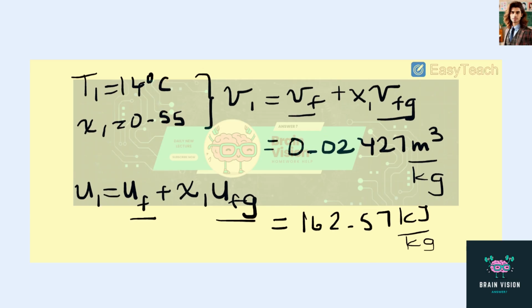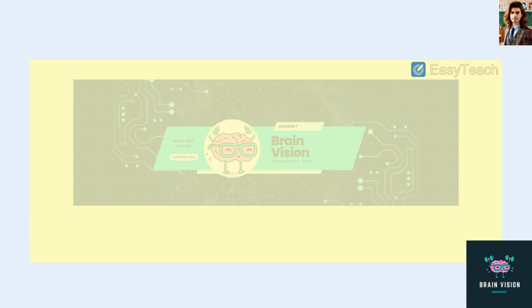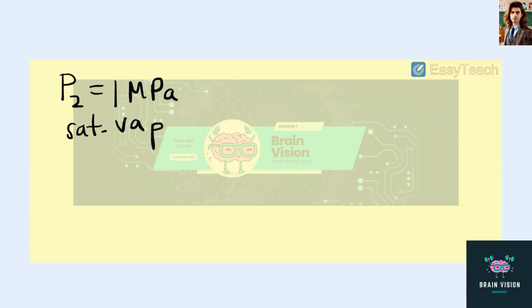Now we can go ahead and solve for our properties at state 2. We know that the pressure at state 2 is 1 megapascal. That's given in the problem. And we also know that it is a saturated vapor. So using these two known values, we can solve for our specific volume at 2.